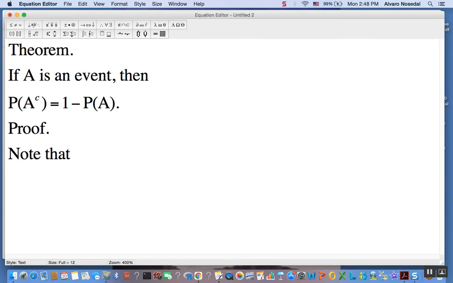Note that S, and remember that we use S to refer to the sample space, we could express the sample space like this: A union A complement.